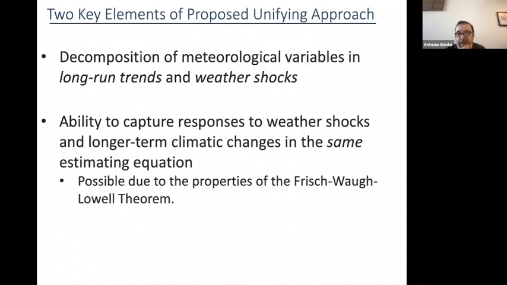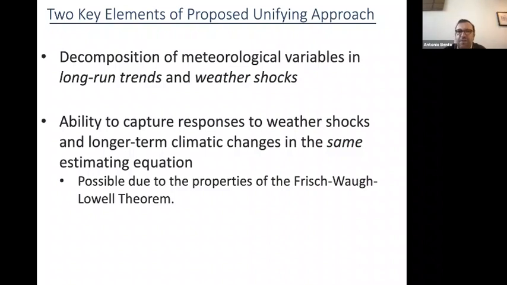The first one is the idea that we could take meteorological variables and really decompose them in long-run trends and unexpected weather shocks. Of course, the challenge here is really how you do the decomposition and whether you agree with the simple decomposition that I will present to you in a second.